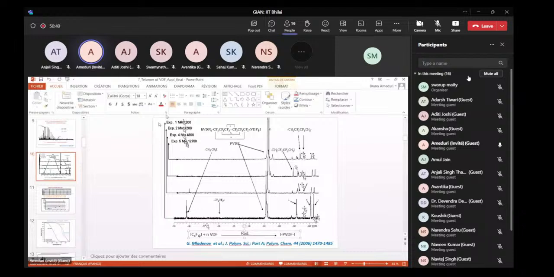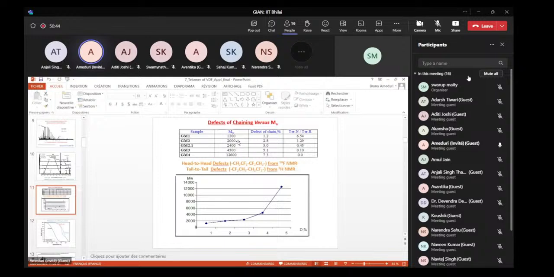And as we can show in this table, regarding the molecular weights and the defects of chaining, you can see that we have almost negligible defects for low molecular weight, while we have about 7 for much higher molecular weight.